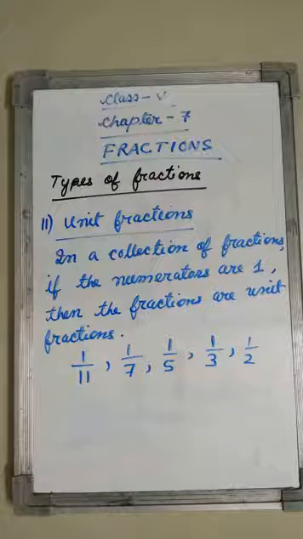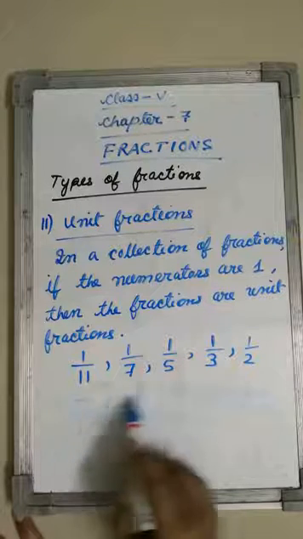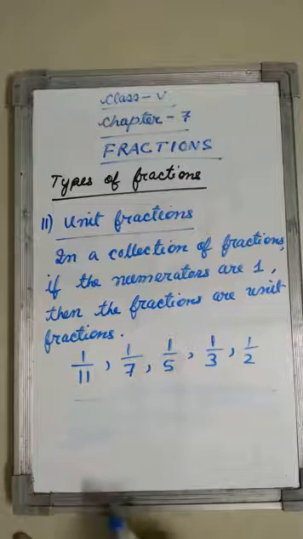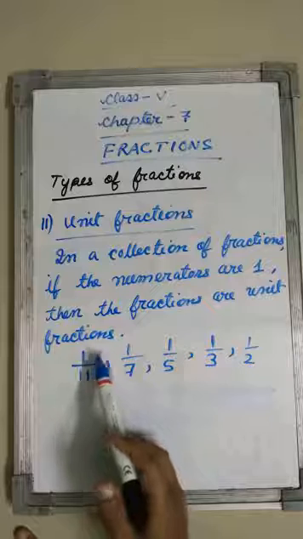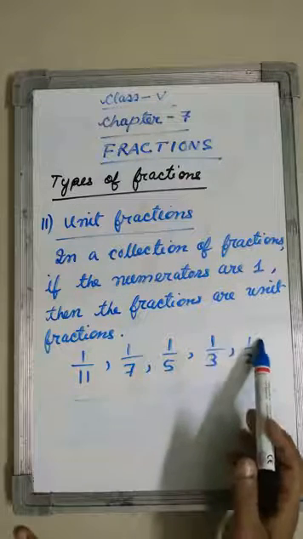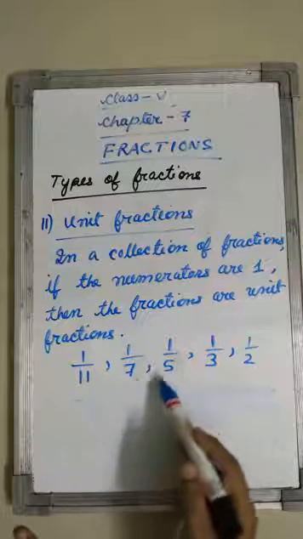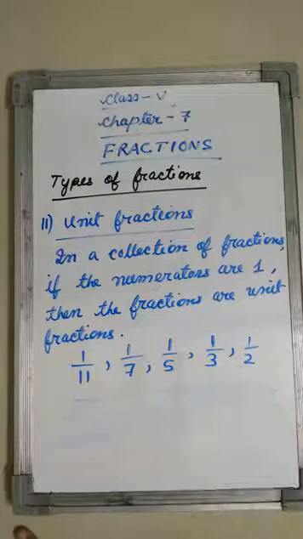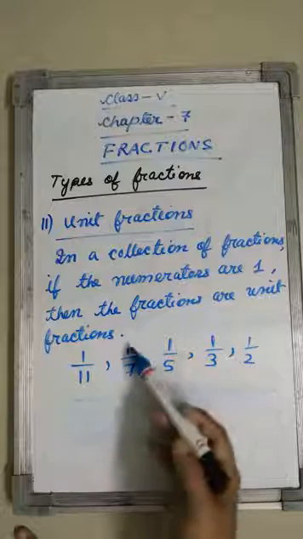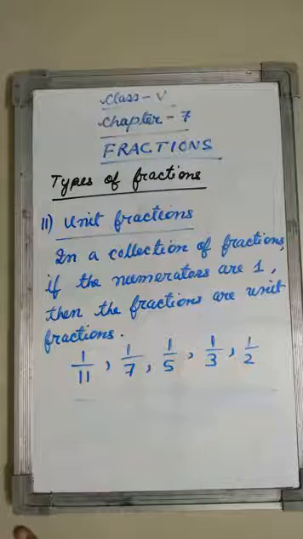In a collection of fractions, if the numerators are 1, then the fractions are unit fractions. Here you can see that all the numerators are 1, so all these are unit fractions.